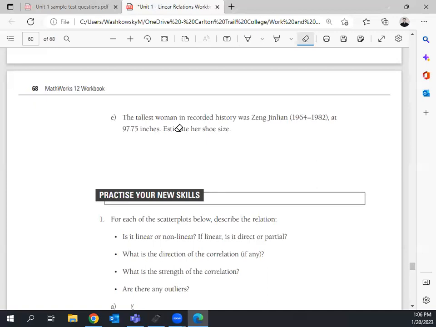So linear means flat, right? If it's linear, it means that there's a straight line. So the example of a linear graph means something like this. The non-linear graph means something like.